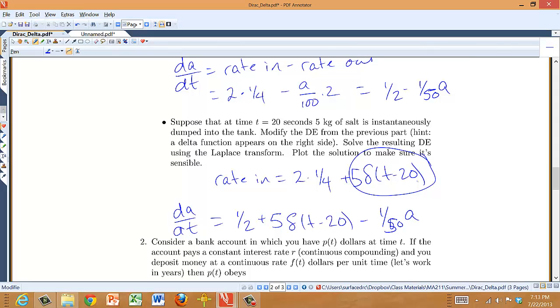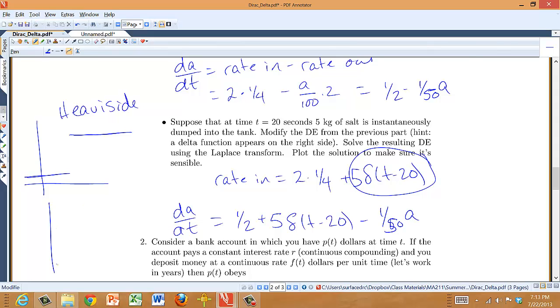Heaviside functions are for things turning on and staying on for a while. So if our inflow rate had gone from a 1/4 kilogram per second to, say, 5 kilograms per second at time 20 and it just stayed on, then we would need a Heaviside function. So if our inflow rate looked like this we would need Heaviside.